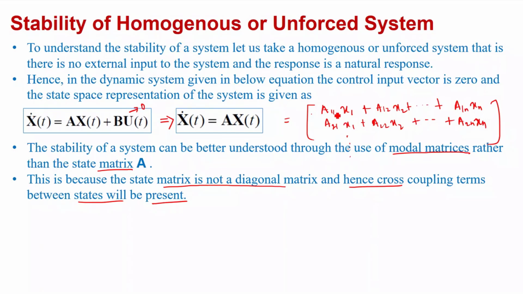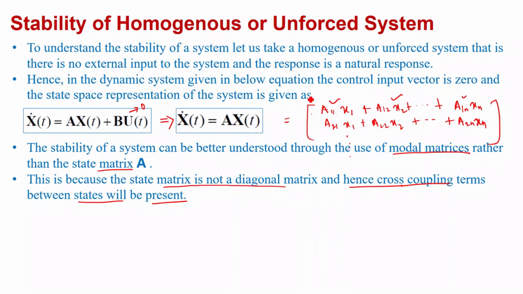These terms are all sums of products of coefficient terms and the state elements, so one state is represented in terms of all other states. Therefore we call them cross coupling terms.